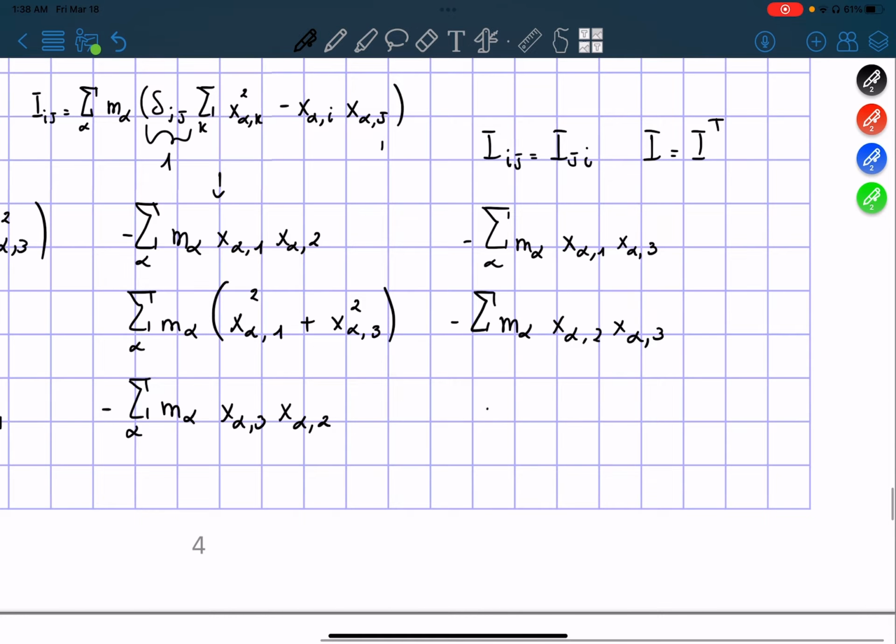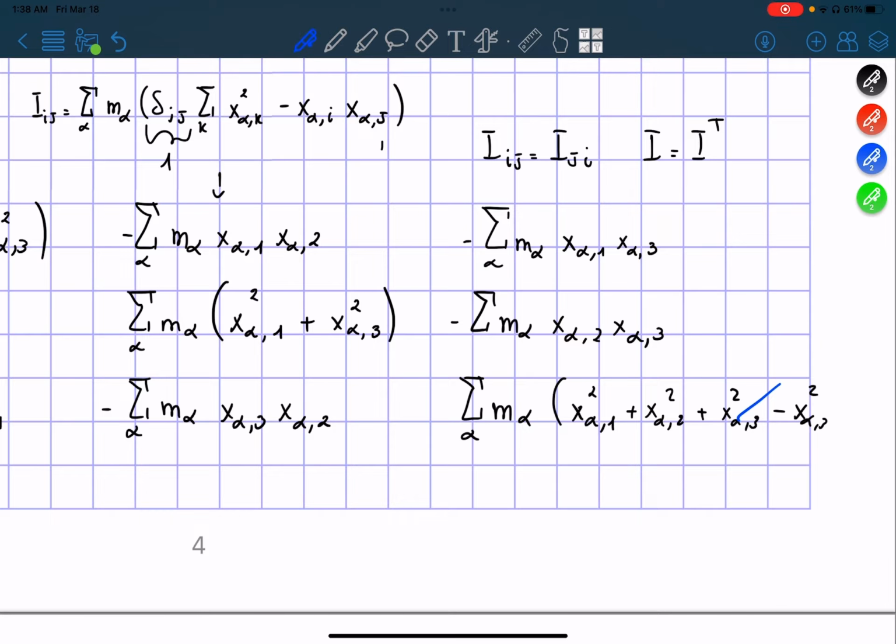And then here i and j are going to be equal to 3, 3, so our delta finally gives us 1. So we have to take into consideration that first part. We're going to have the summation of m alpha of x alpha 1 squared plus x alpha 2 squared plus x alpha 3 squared minus x alpha 3 squared, because i and j are going to be equal to 3.